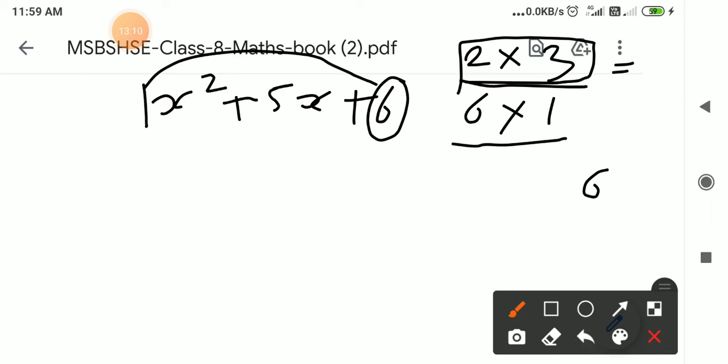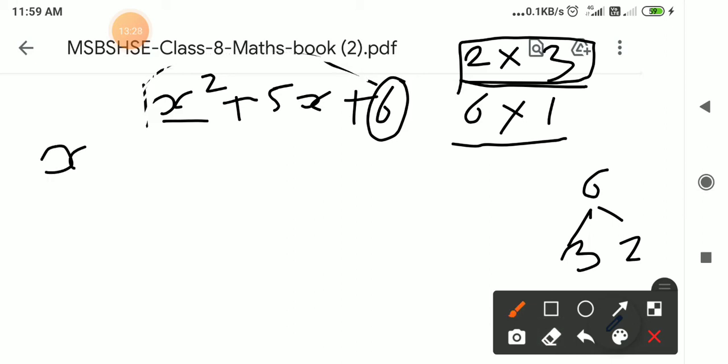Now which factors will we choose? The factors of 6 for the 5 are 3 2s are 6. Now the next step: the x square, write here as it is.